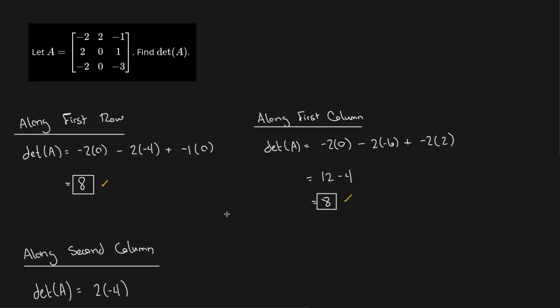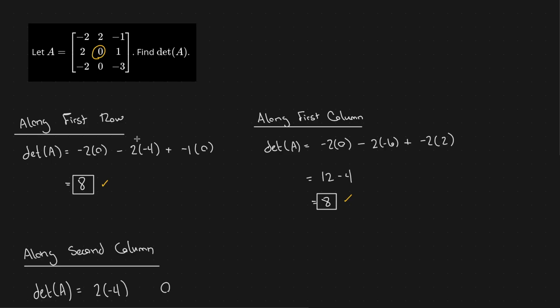Okay, next entry, I have 0, and then I cancel out the row and column. What I'd have left would be 6 minus 2. But do I really care? I'm going to have 0 times something. Do I really care what the something is? Not so much, right? It's just going to be 0.